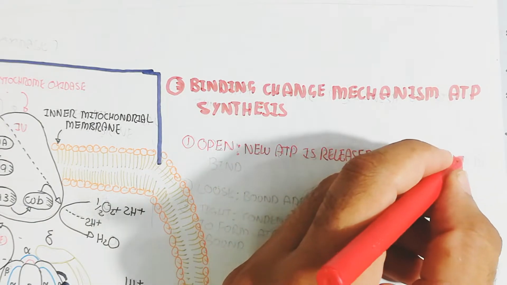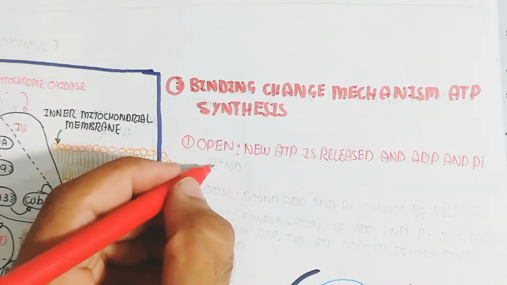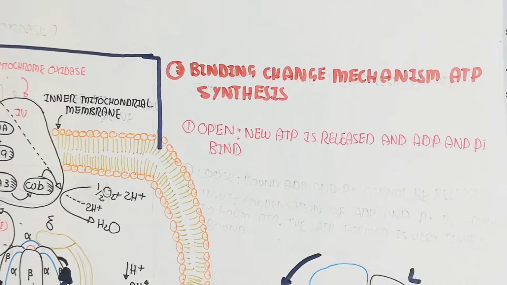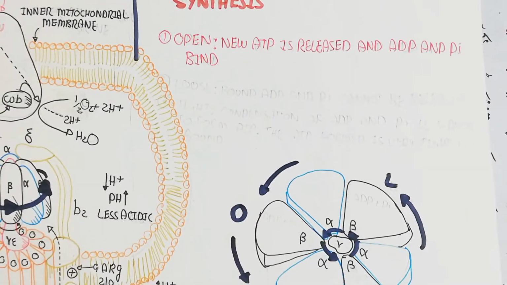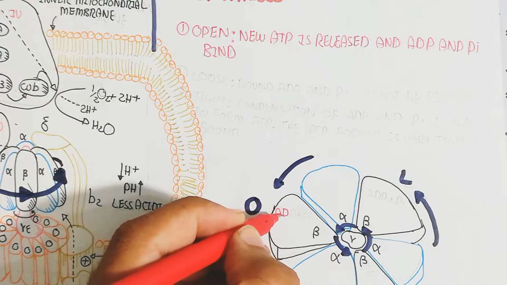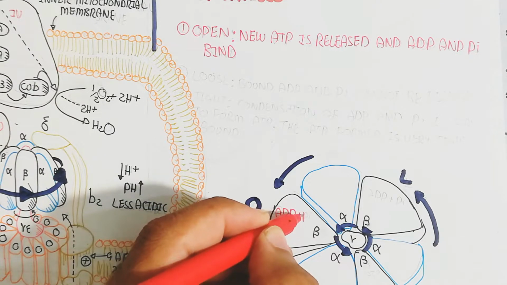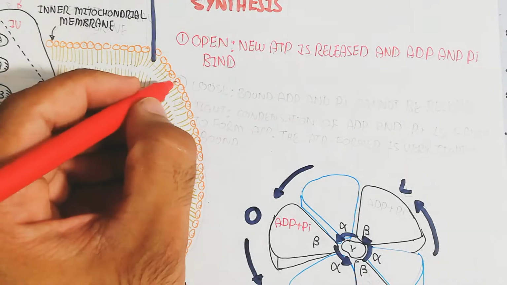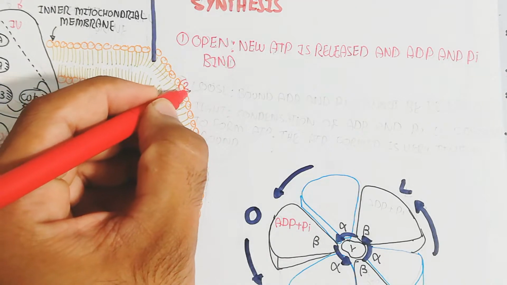This is the O site, remember. The O site is very important for binding: the new ATP is released, and the ADP and inorganic phosphate bind. Basically, they bind to a beta subunit.